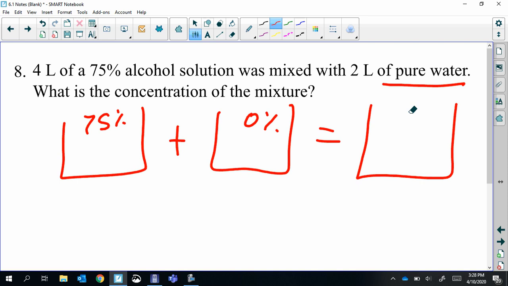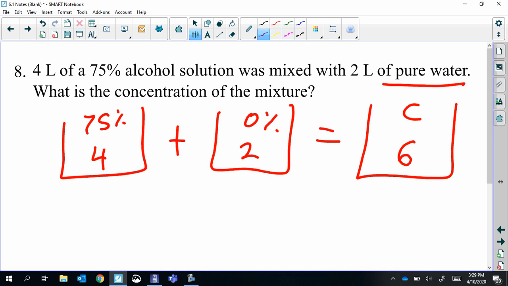So that's what we're finding here, the concentration percentage. And it also tells us that we have 4 liters of this one, 2 liters of water, which means our total, if you add 4 liters and 2 liters, is 6 liters. So we can just put that there.